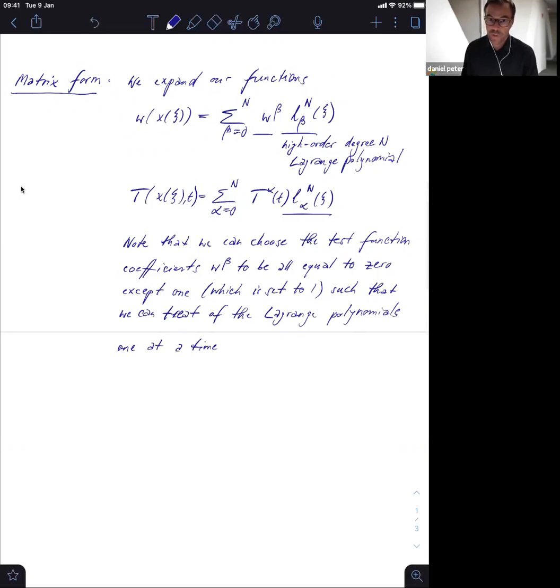So if, let's say, W beta is only 1 for beta equals 2, then only the Lagrange polynomial L2n will actually contribute. And it also means, at which point is L2n, the polynomial, non-zero?